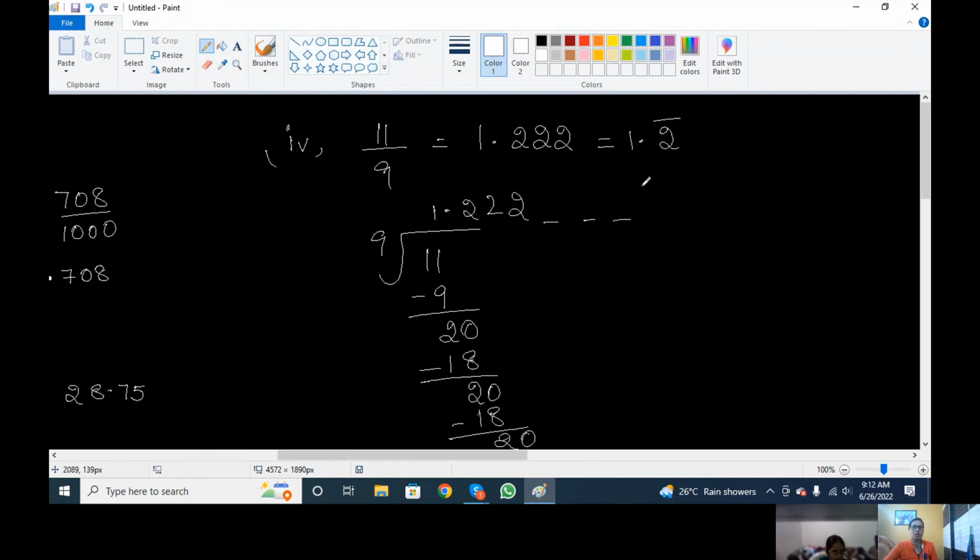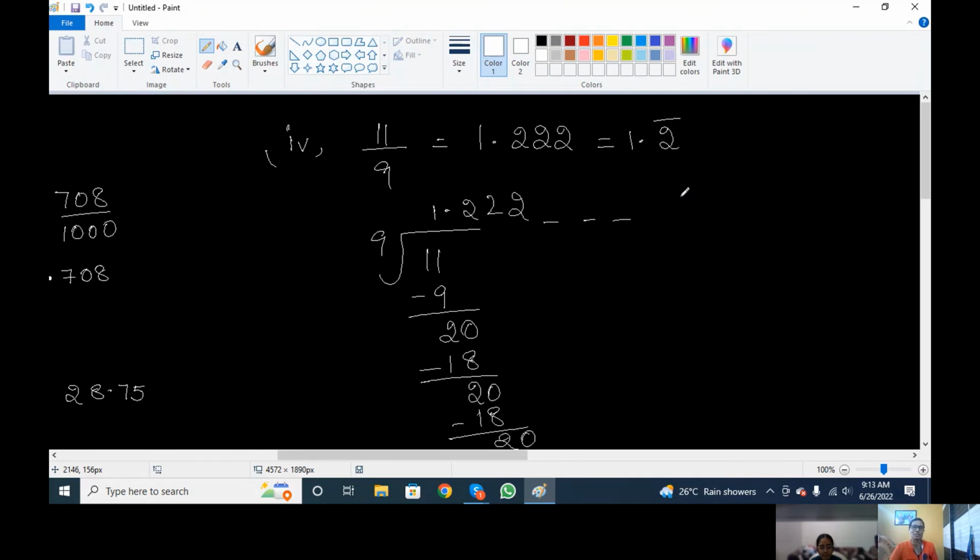So what type of decimal is this? Terminating or non-terminating? It keeps on coming, there is no end. Non-terminating. Just think a little and tell, till you get habituated.